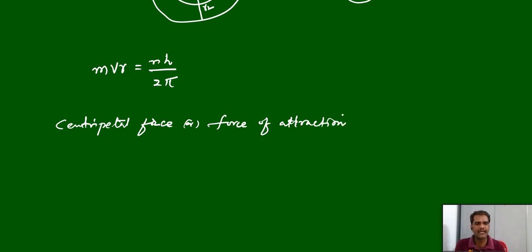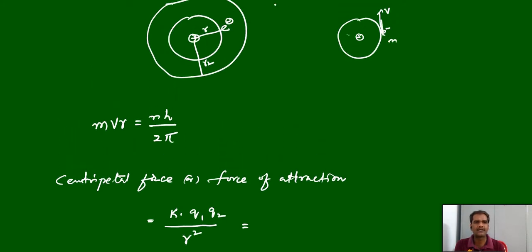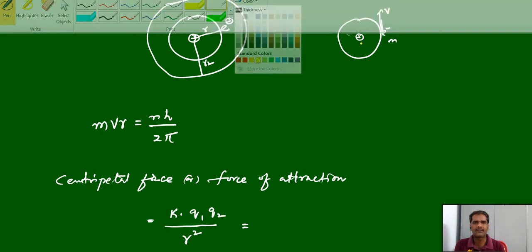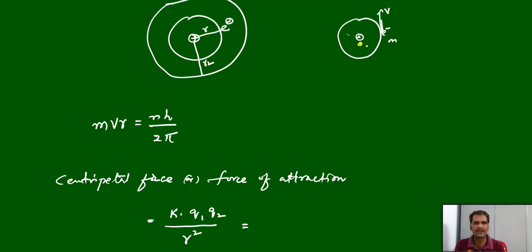Between the nucleus and electron, and the value we know is K into Q1 Q2 by r square, where Q1 and Q2 are the charges. Let us assume in the case of a particular atom, Q1 is the charge of the nucleus and Q2 is the charge of the electron.